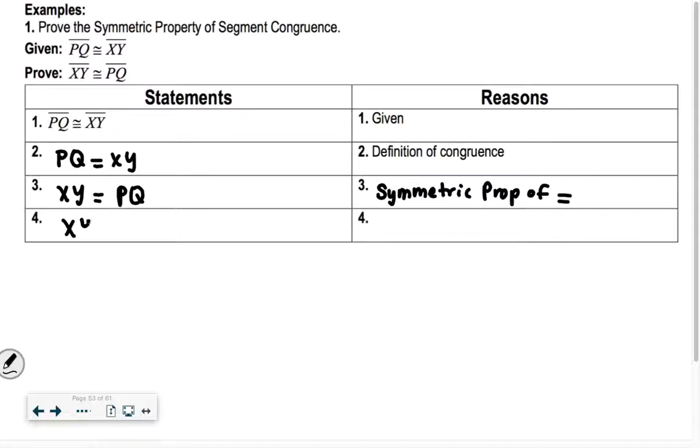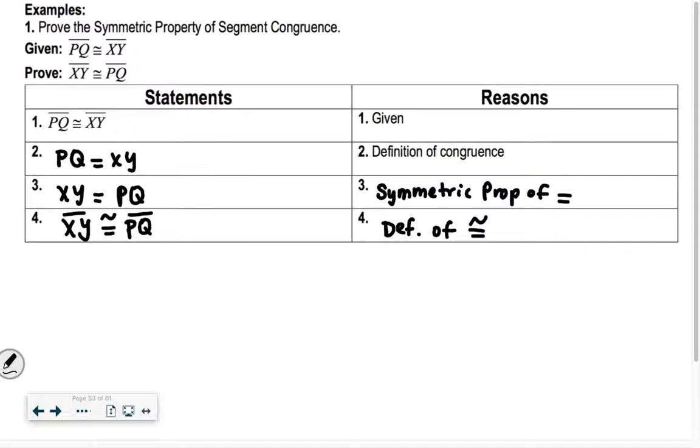And then lastly, we can say that means segment XY is congruent to PQ. And that's because of the definition of congruence again. Okay, so we don't ever have to do that proof again because we can just say that segment XY is congruent to segment PQ because of the symmetric property of congruence. We can combine all of that into one.